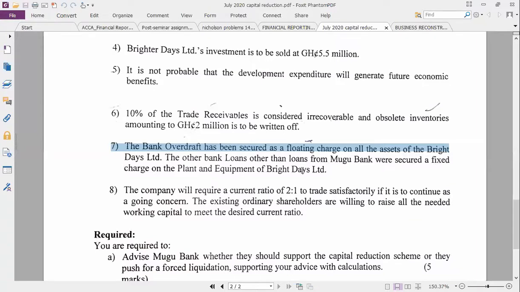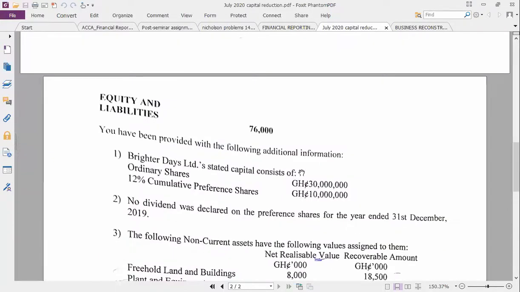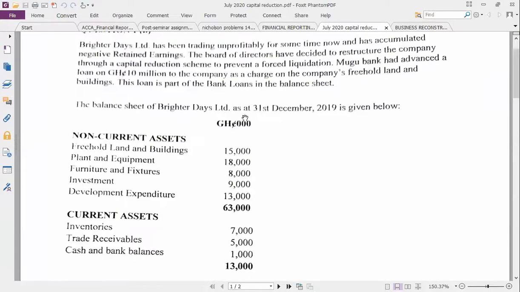So that means here the fixed charge liabilities are two. One, the loan coming from Mugu Bank, 10 million, is fixed charge on freehold property, that's the land and building.